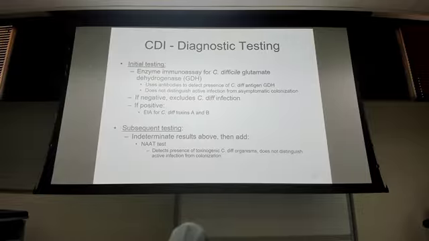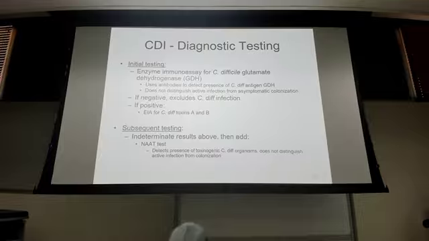The initial test is the enzyme immunoassay for C. diff glutamate dehydrogenase, that's GDH. That test uses antibodies to detect the presence of C. diff antigen. It does not distinguish active infection from asymptomatic colonization.